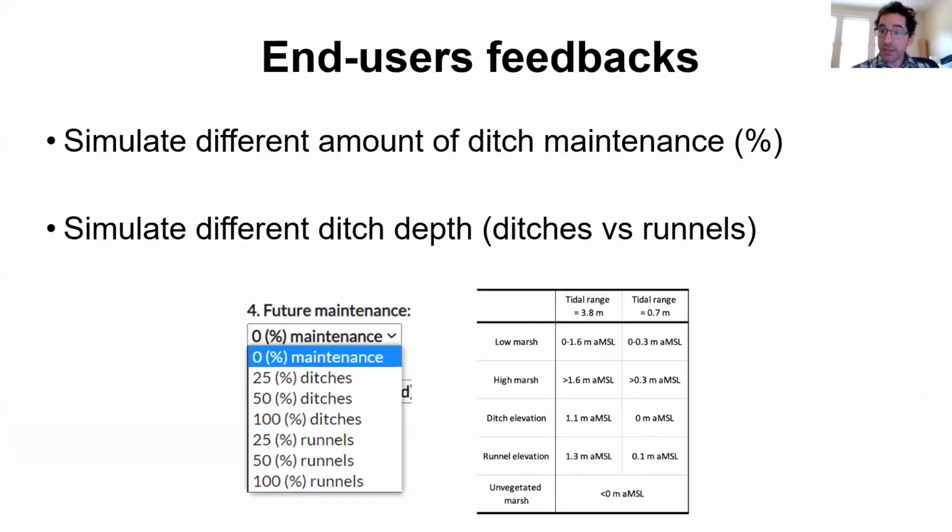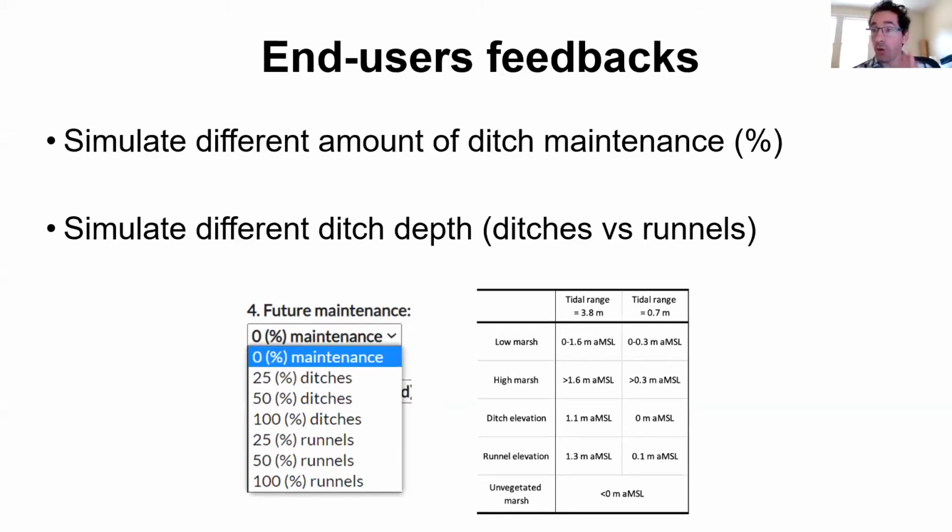So we did this, and throughout this project, we included some of the end user feedback. The end user told us what we can control. Well, we cannot control sea level rise, but as a society maybe, but we can control locally the amount of ditch that we maintain.